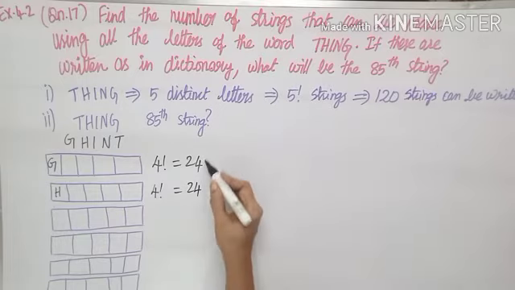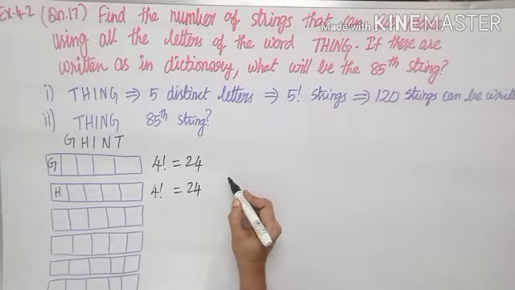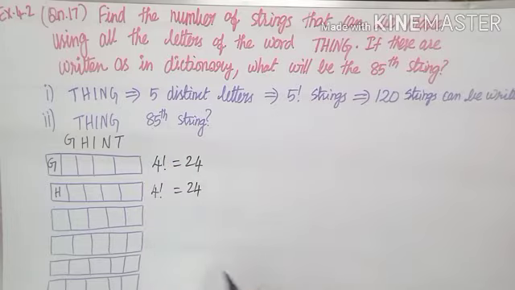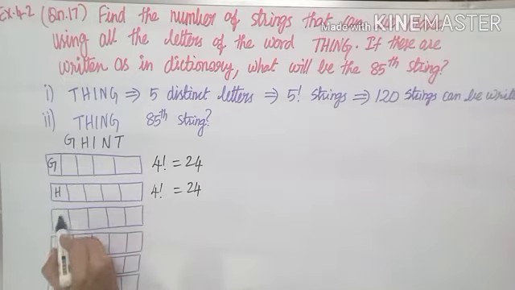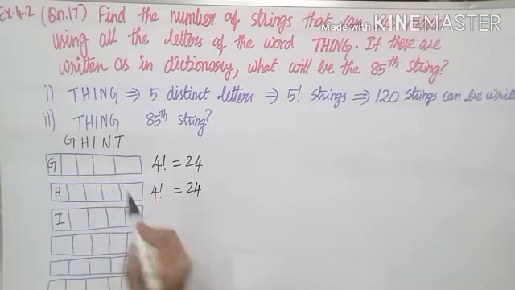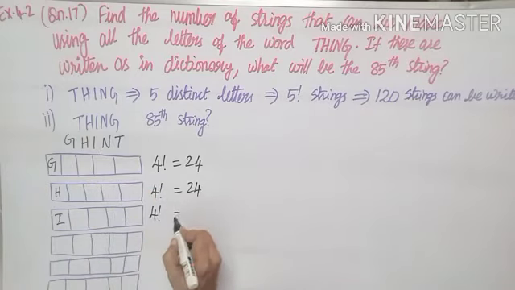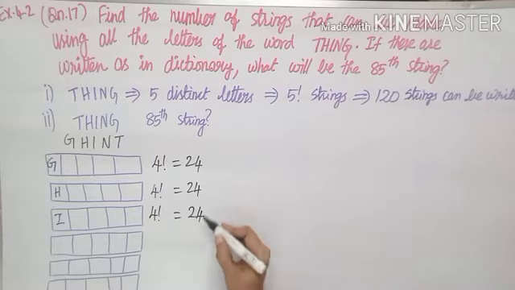Adding this, 48 only I get. The rank given is 85. So proceed one more. What is the next letter? G over, H over, then I. If I starts, the remaining 4 letters can arrange themselves in 4 factorial, that is 24. Adding all, I get 72.